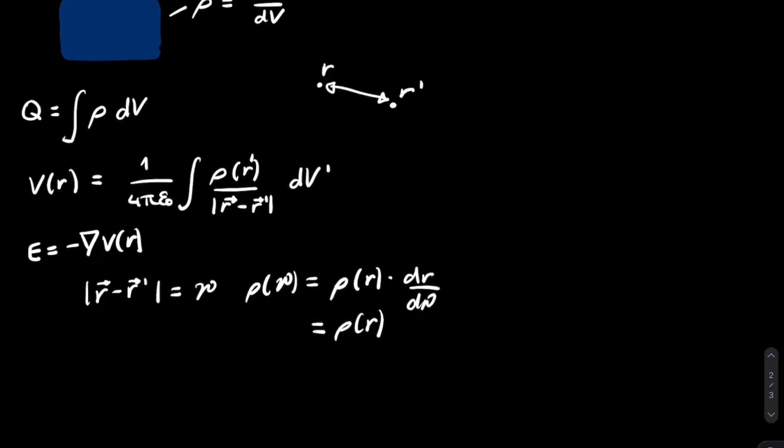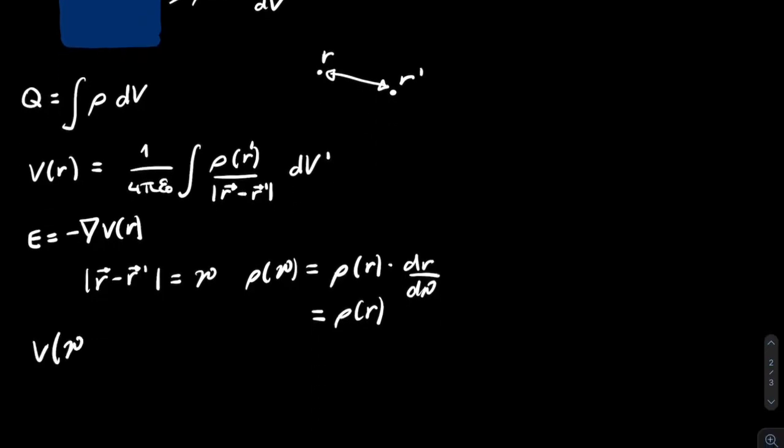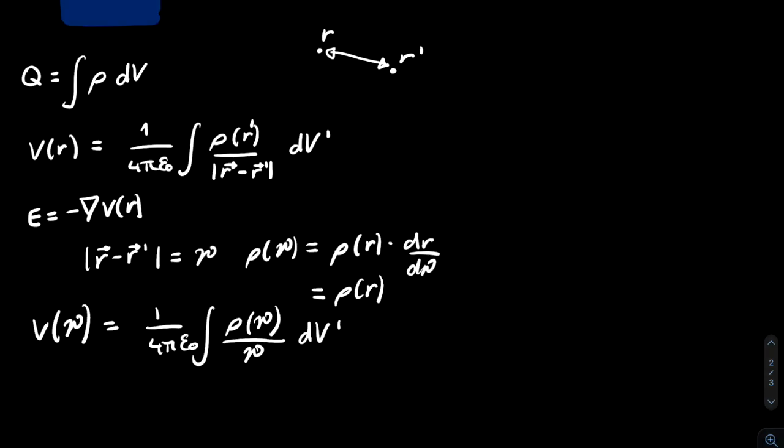So we're going to get that the potential as a function of this modulus distance variable, script r, is 1 over 4 pi epsilon 0 times rho of the script r, dV, of course primed, over this script r right here. If we differentiate this, then the derivative of 1 over r is simply minus 1 over r squared.